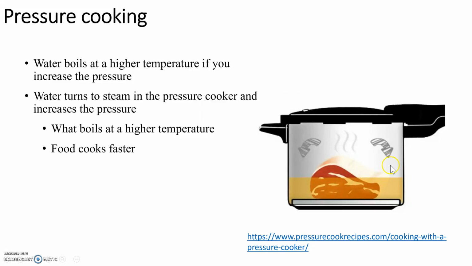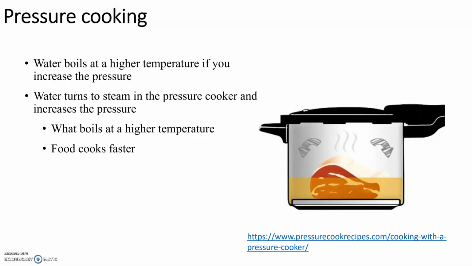Once it boils, you get that conversion of the water from the liquid to a gas. In a pressure cooker, that gas can't escape. So if you're boiling water on a stove, that gas escapes. You're not changing the pressure that you're cooking at. In a pressure cooker, that water vapor, that gas, increases inside the cooker. This increases the pressure.